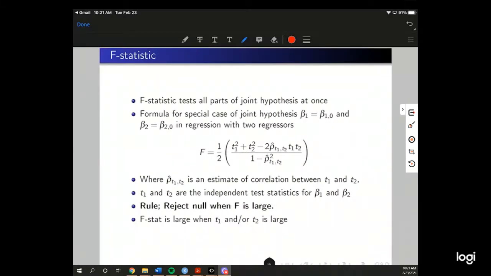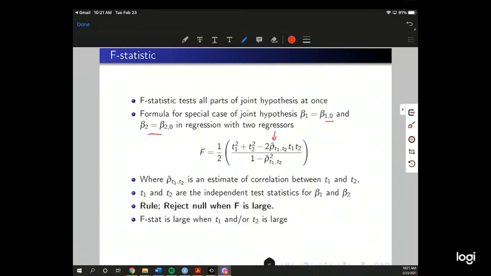The F statistic tests all parts of joint hypotheses at once. The formula for a special case of a joint hypothesis, beta 1 equals beta 1 naught and beta 2 equals beta 2 naught in a regression with two regressors, is F equals 1/2. So this is the two regressor case, or two restriction case, where we take the t-stat of the first regressor and square it, plus the t-stat of the second regressor and square it, minus 2 times the correlation.